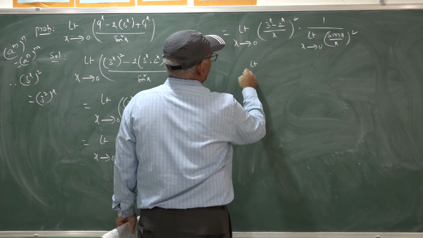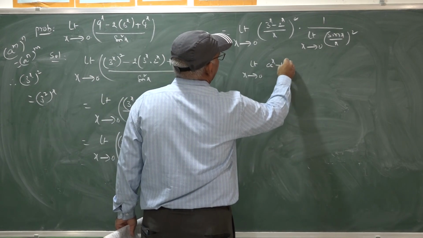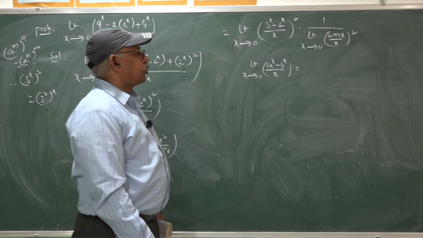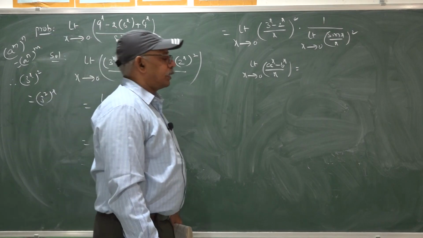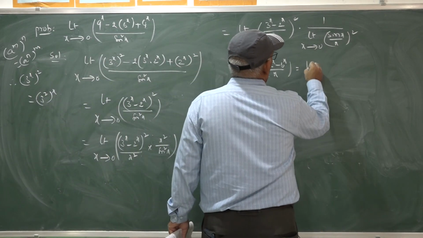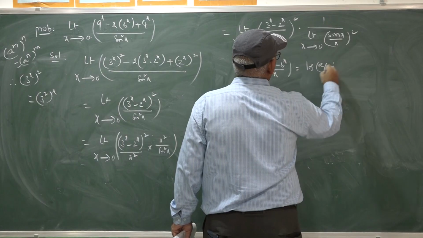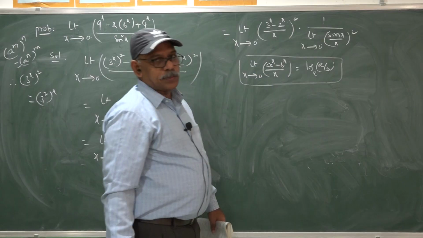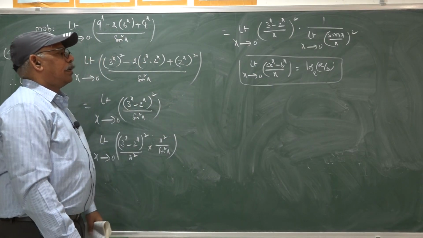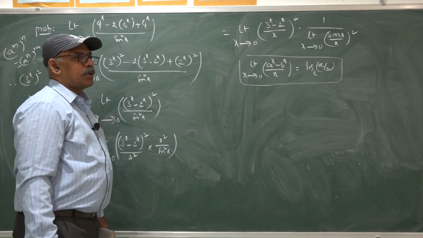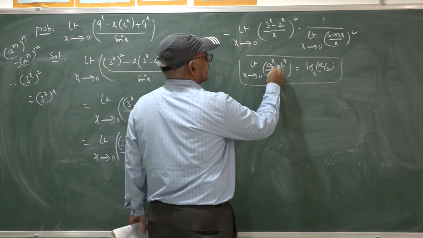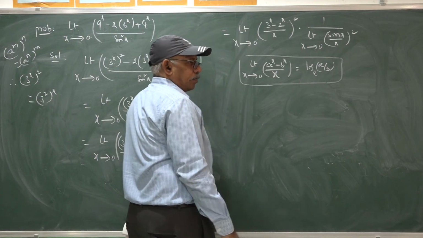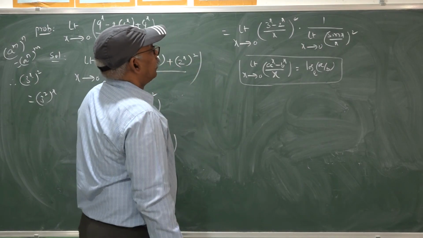We know that limit as x goes to 0 of (a power x minus b power x) by x is log a by b to the base e, that is, log a minus log b to the base e.